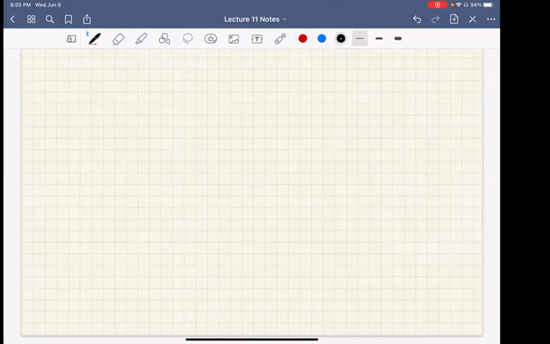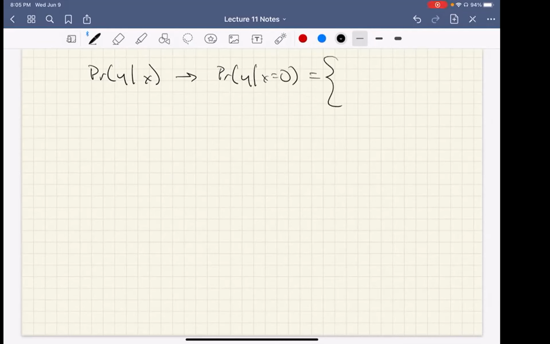So as in all communication systems, we need the probability of the outputs given the inputs. And what is that? The input can be one of two things. So what's the probability of Y given that the input is 0? Well, the output can only be one of two things, 1 or 0. Actually, let me back up.